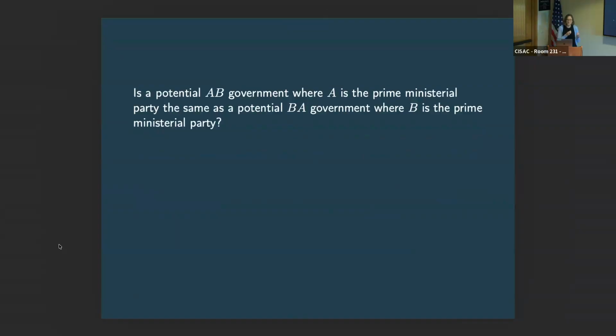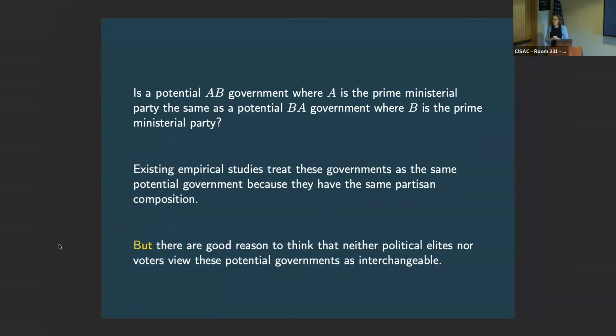But do you think that a potential AB government where A is the prime ministerial party is the same as a BA government where B is the prime ministerial party? There's no way in which party leaders or the voters see these governments as interchangeable. And the existing empirical studies treat them as the same because we're only looking at which parties are in a potential government.